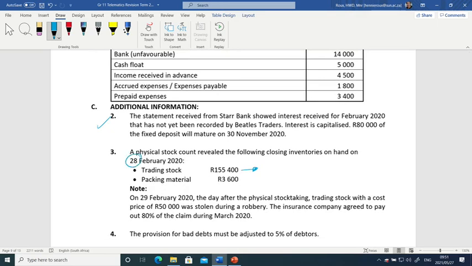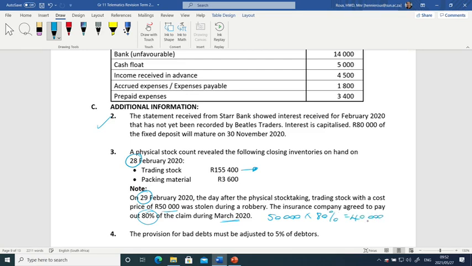On the 29th of February, the next day, the day after the physical stock taking, trading stock with a cost price of 50,000 was stolen during a robbery. But the insurance company agreed to pay out 80% of the claim during March. So if you calculate 50,000 times 80%, it gives you 40,000.